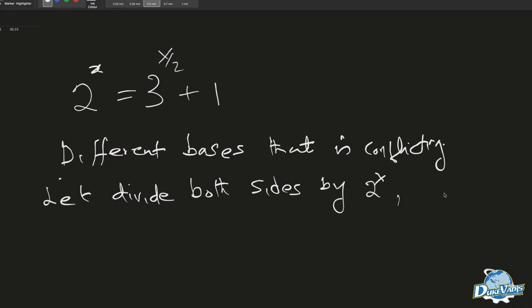We have to be cautious. If you look at it very well, we have 2 raised to the power x is equal to, we can write this one as root 3, all raised to x, plus 1.